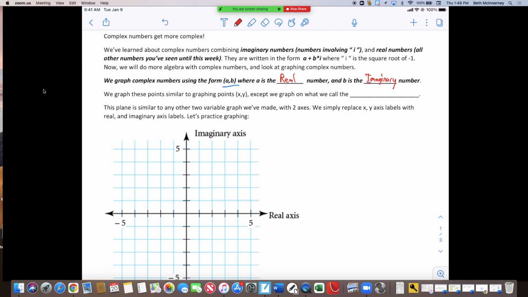Okay? And we're going to graph these points similar to how we graph xy points, like we've been doing for a while now, except we're going to graph them on what we call the complex plane.